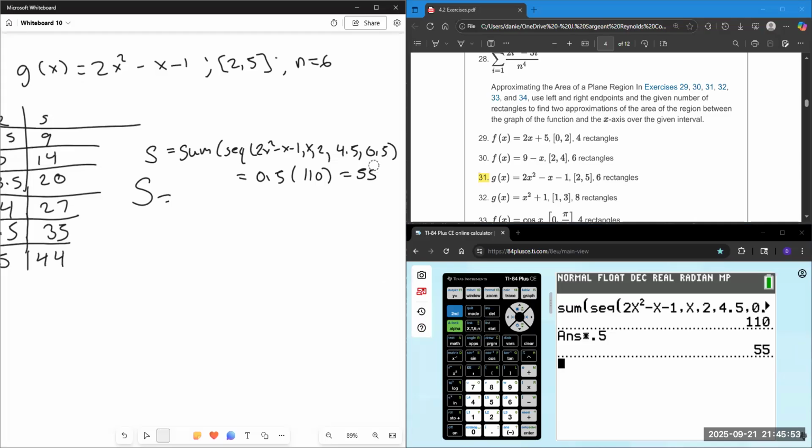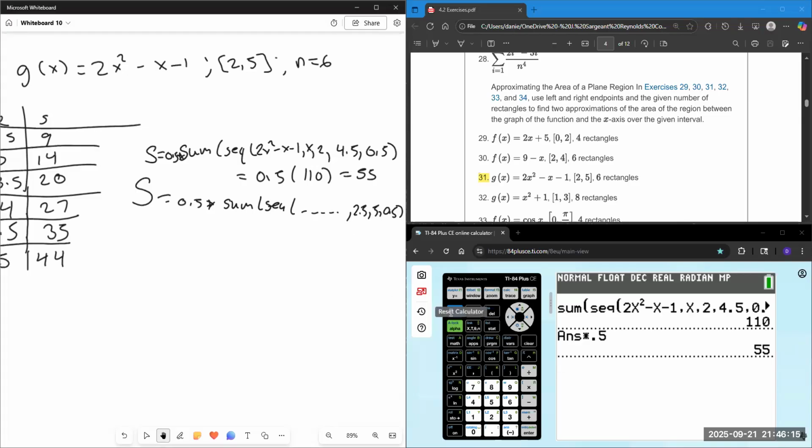So this is going to be 0.5 times some sequence. All this stuff is the same, other than I'm going to make this from 2.5 to 5 by 0.5.